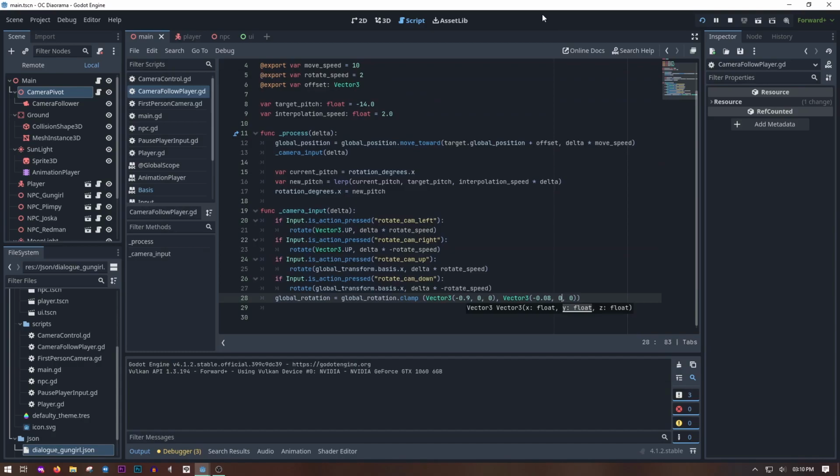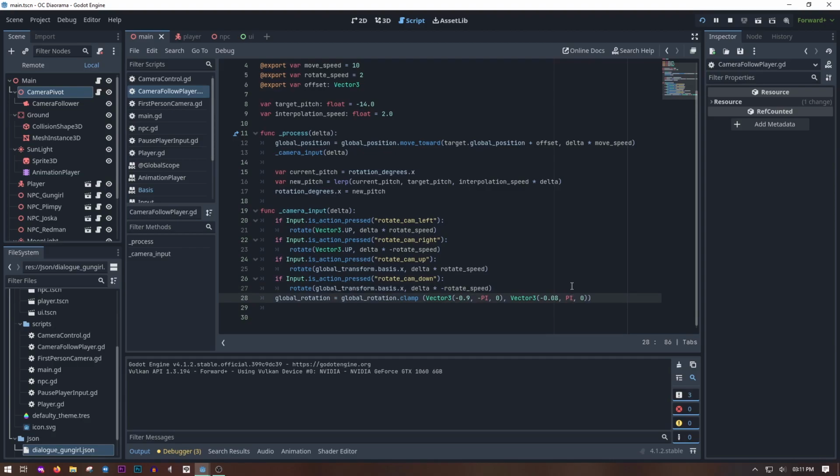So pi means that it can go 360, like a circle. So it can go from minus pi to pi, which I think doesn't need to be that much. I could define it as a big number and a really small number, and it will never reach that number without also reaching the other number.